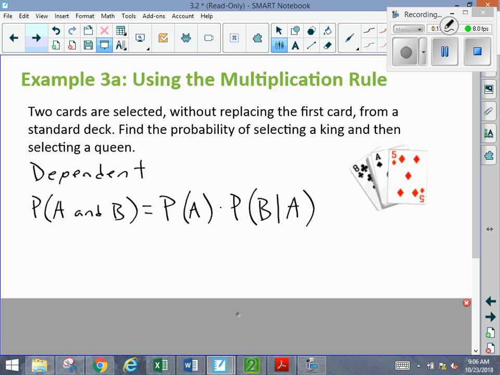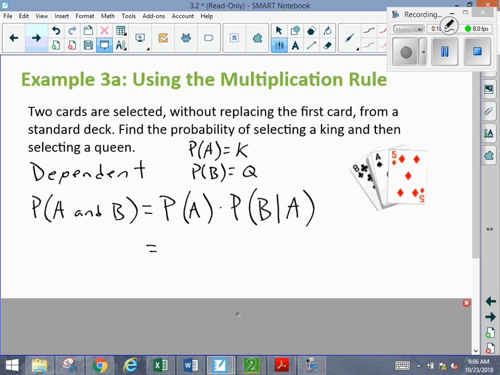All right, so probability A is that you get a king, probability B is that you get a queen. We're looking at the first probability of drawing a king. What's probability A? The probability of drawing a king.